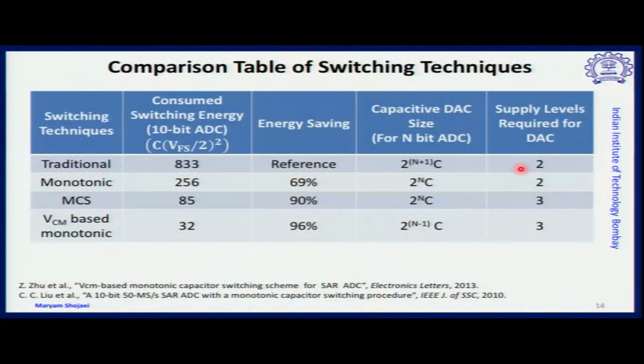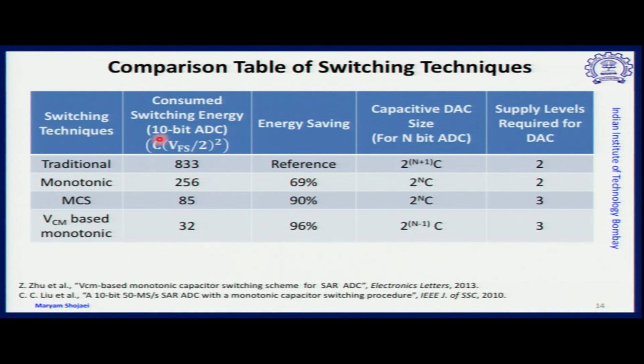So to compare the energy efficiency, a table is shown here, and we have 4 techniques which are reviewed in this course. One is the traditional technique, which is used as a reference, monotonic switching, merged capacitor switching, and VCM-based monotonic switching.